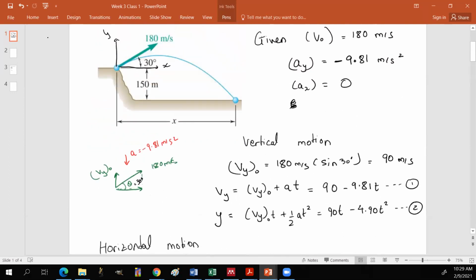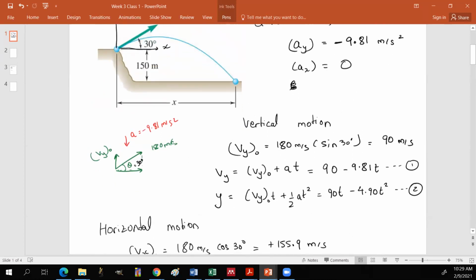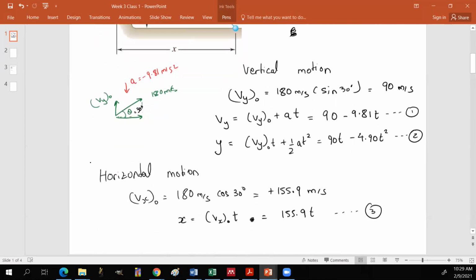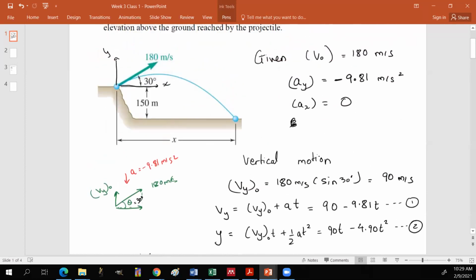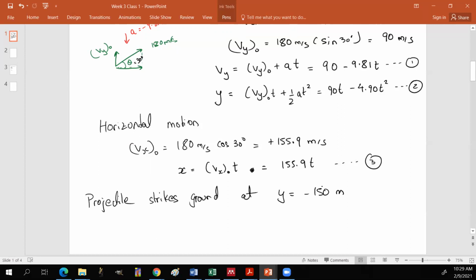So now putting our coordinate point there, we know that the projectile strikes the ground when y is equal to minus 150 meters. Putting our frame of reference over here, it goes down 150 meters, so minus 150 meters.